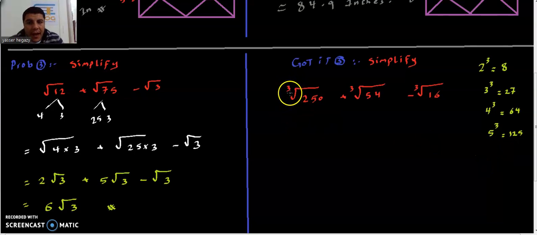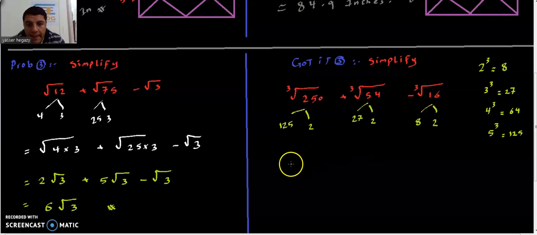Okay, so the cube root of 250, I need to factorize it into 2 factors, one of them has a cube root, so it will be 125 multiplied by 2. The cube root of 54 will be 27 multiplied by 2. 16 will be 8 multiplied by 2. Now it's amazing.